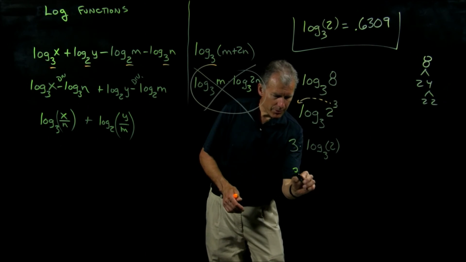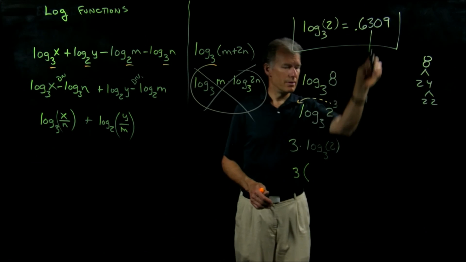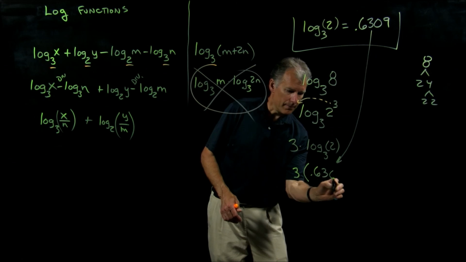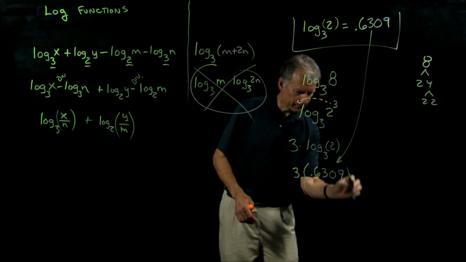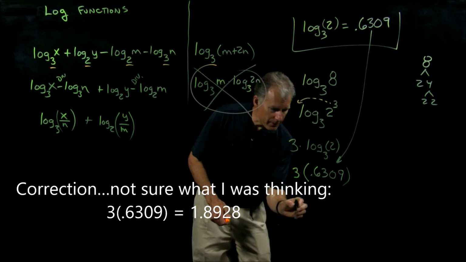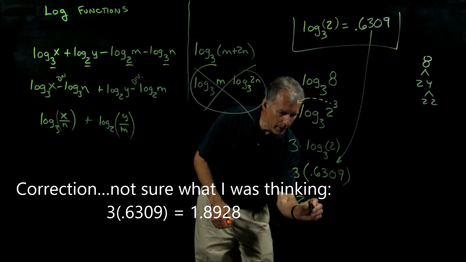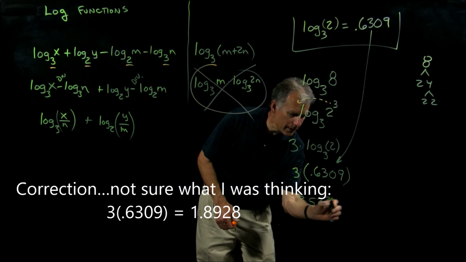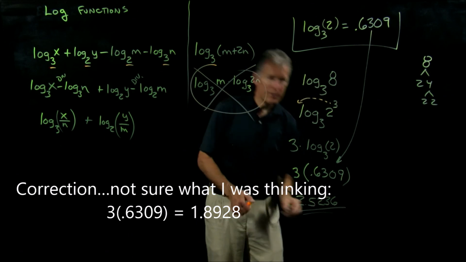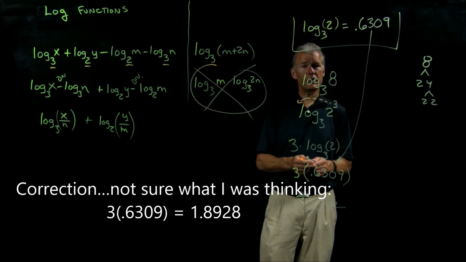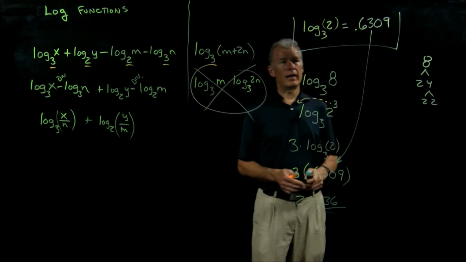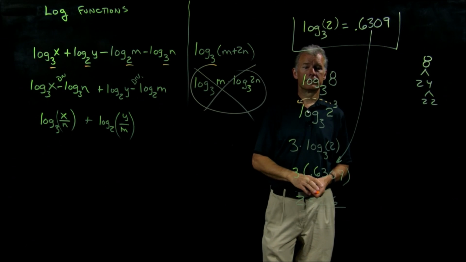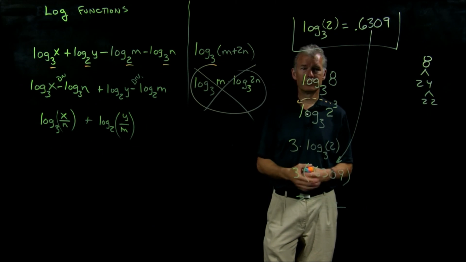So then this is 3 times 0.6309. So that's going to give us then 2.5236. So that would be our answer from that. So again, what we're starting off with is we're given a certain value for log base 3 of 2. All right, so that should wrap it up. Hope it goes well for you.